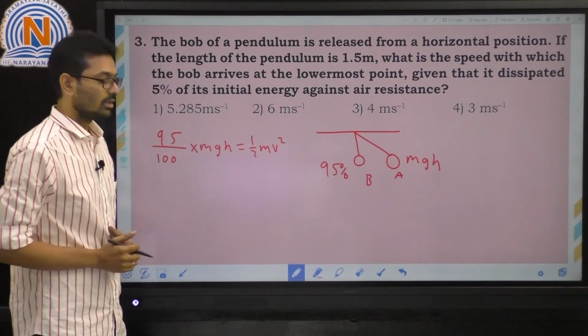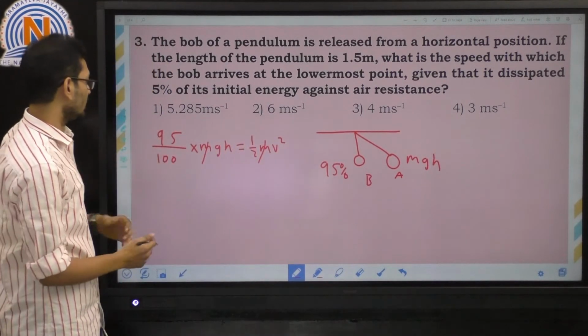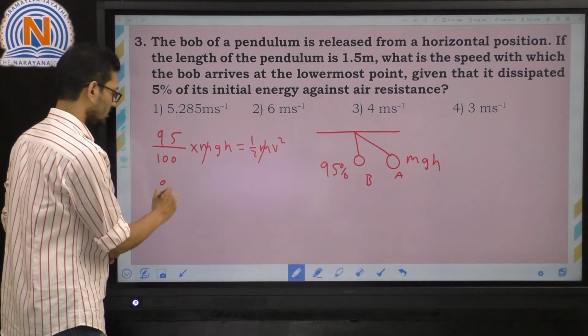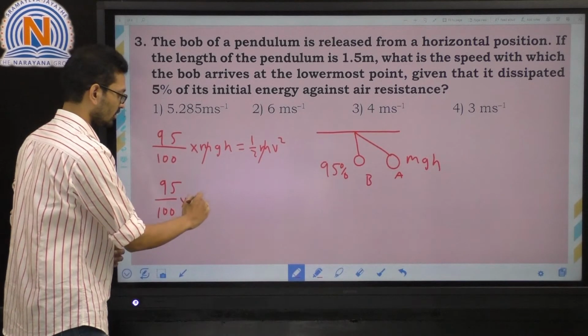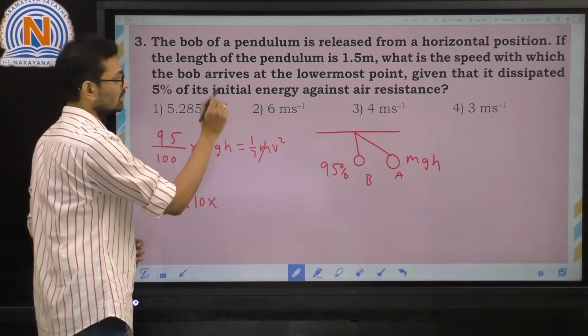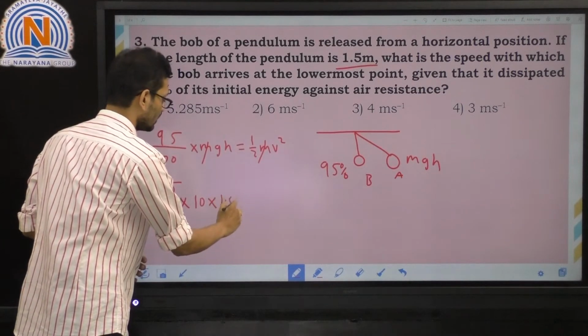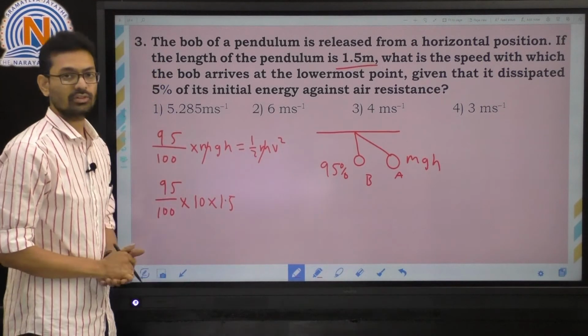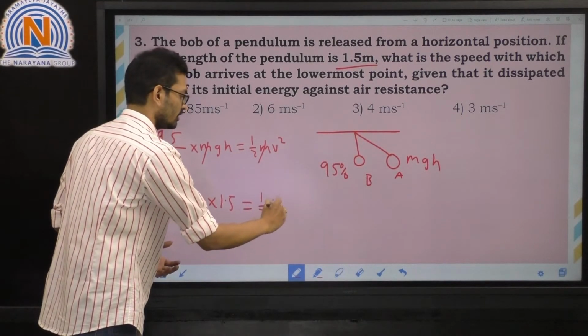Now from here, masses are going to get cancelled, and you will be having 95 by 100 into gravity, we will take it as 10, and height they have given as 1.5 meters. The length of this pendulum is given as 1.5, so we are going to take height as 1.5, and that is equal to half v square.